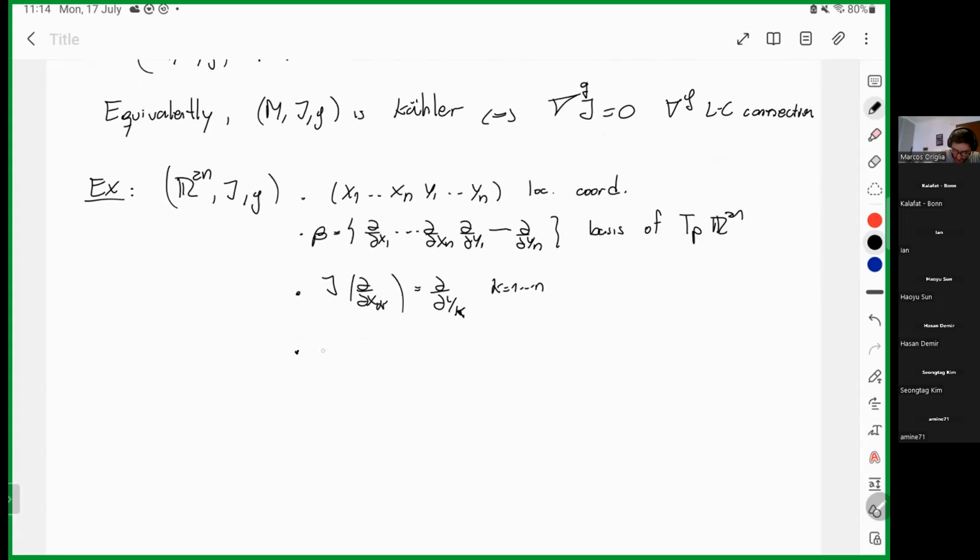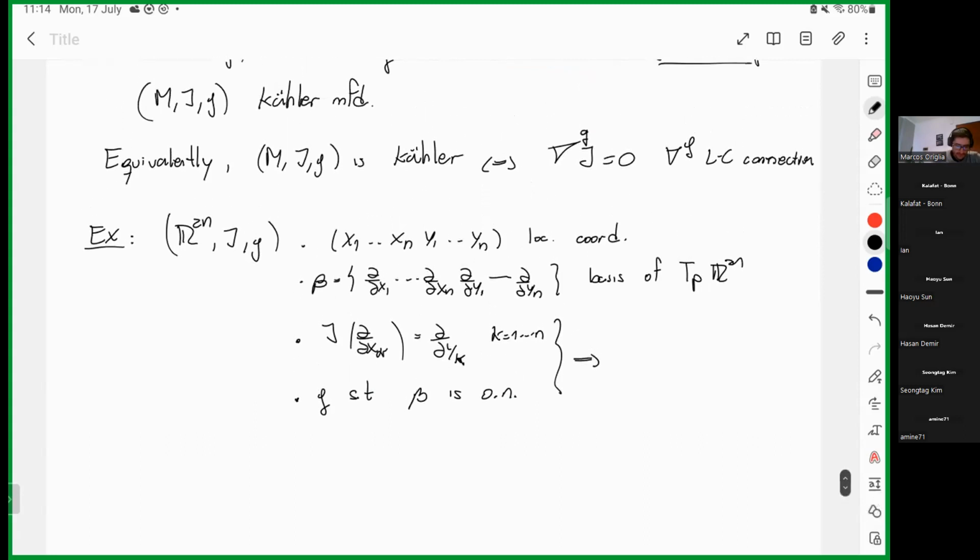So the metric G is defined such that the basis we have is an orthonormal basis.